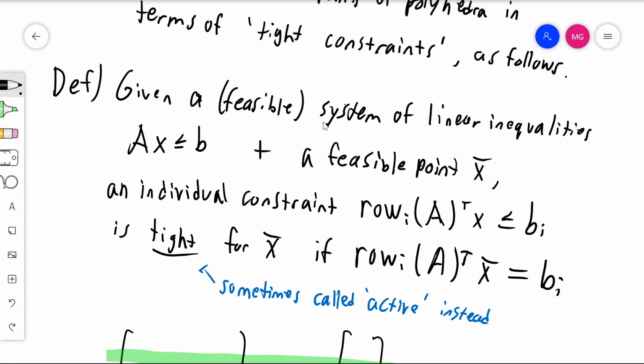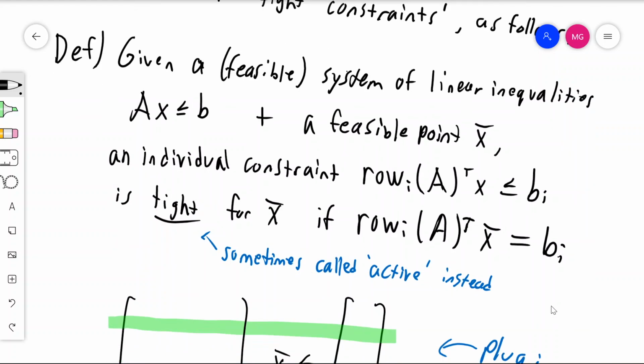A tight constraint is this: when you give me a feasible system of linear inequalities like this, Ax less than or equal to b, and an associated feasible point x bar, so it satisfies all those constraints, then just split it up amongst the constraints that are satisfied with strict inequality and exact equality. And so a particular constraint is going to be said to be tight for x bar if when you plug in x bar here, you get exact equality.